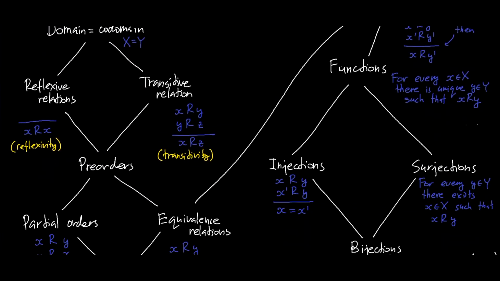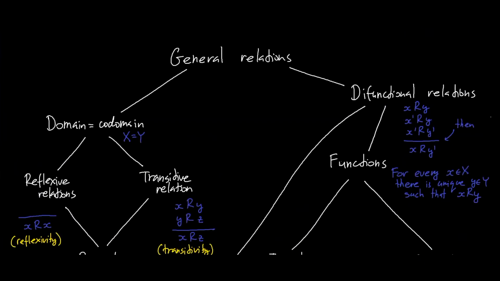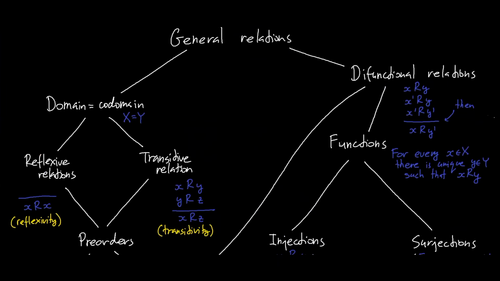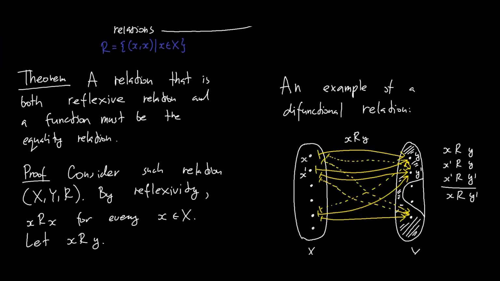And moreover, these properties overlap of being reflexive and being difunctional, which is what we're going to prove now. I think previously I was saying that for reflexive relations, difunctionality is the same as transitivity. I was actually making a mistake. I didn't intend to say that. What I wanted to say is that for reflexive relations, being difunctional is the same as being transitive and symmetric at the same time. Sorry about that.